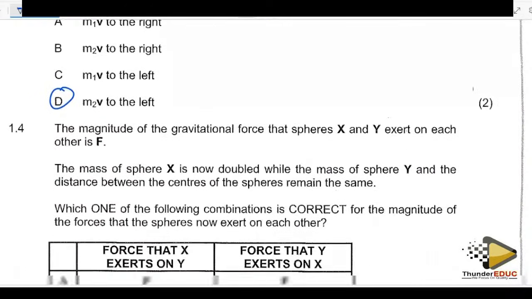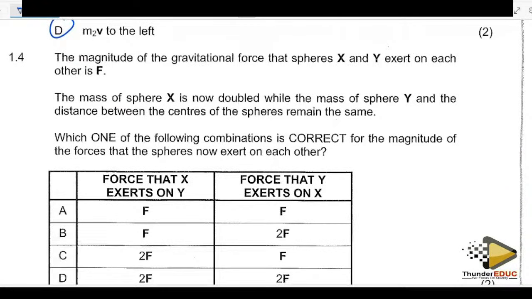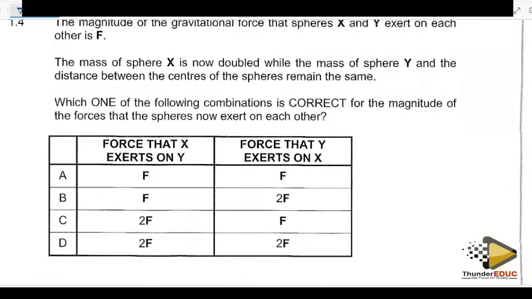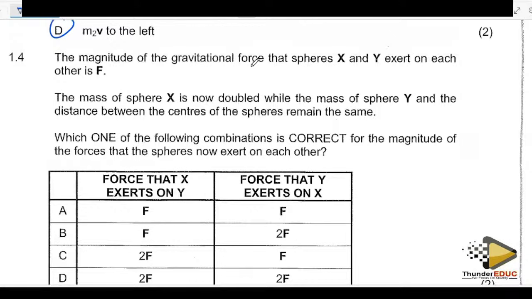Then 1.4, they're telling us that the magnitude of the gravitational force that spheres X and Y exert on each other is F. From Newton's law of gravitational force, if that is X and that is Y, and these two are separated by distance R, what happens?